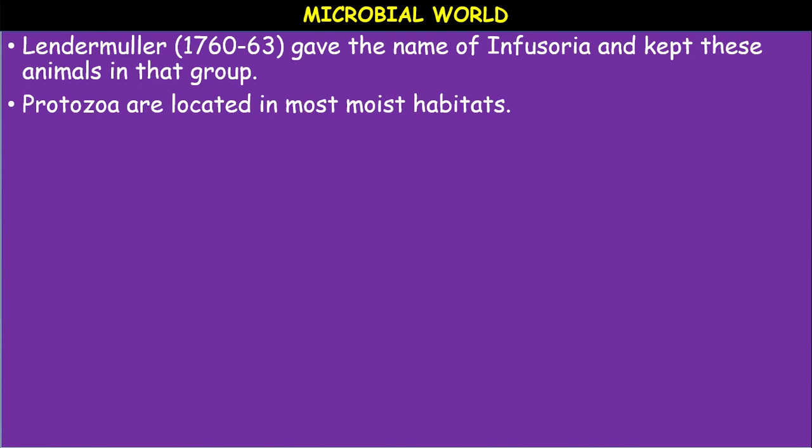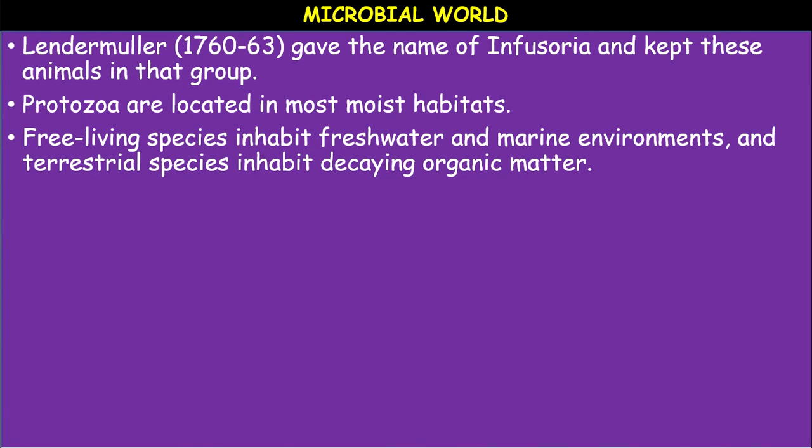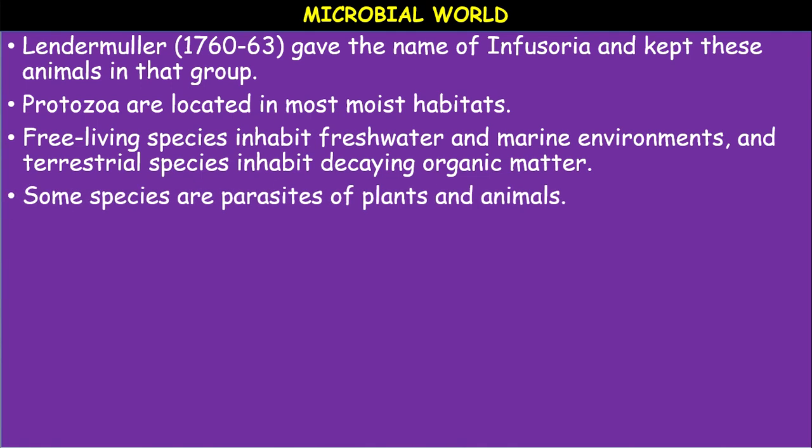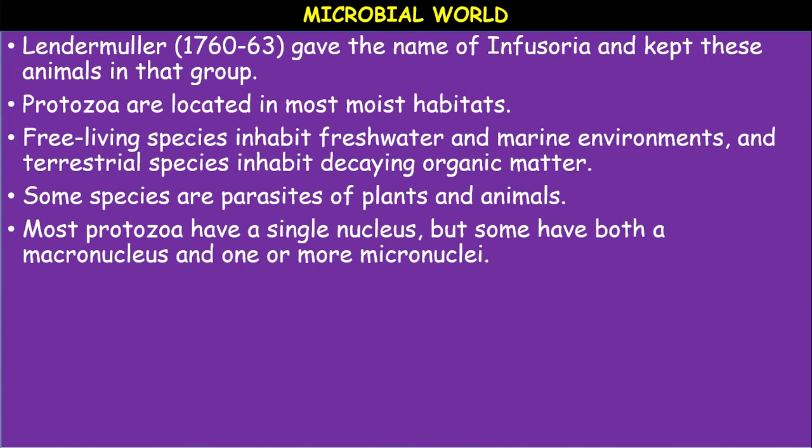The protozoa are located in most moist habitats. The free living species inhabit the freshwater and marine environments, and terrestrial species inhabit decaying organic matter. Some species are parasitic, they may be parasites on plants or animals. Okay. Most protozoa have a single nucleus, but some have both a macronucleus and micronucleus.